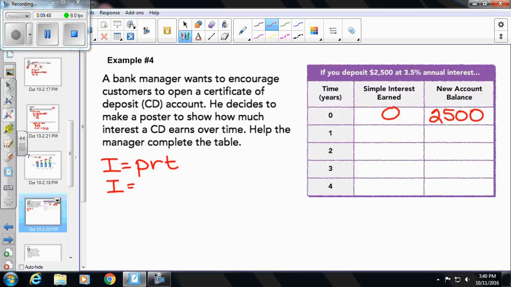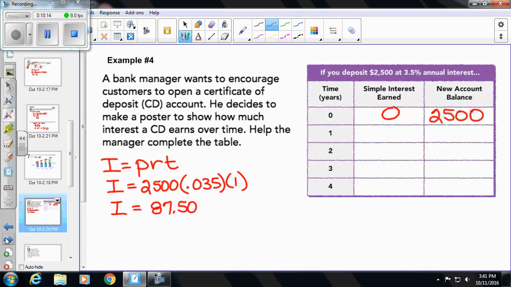So now let's calculate our interest for the first year. I'm using my interest equals principal times rate times time. Right, principal is $2,500. My rate is 3.5%, which would be 0.035, times the time of 1 year. My interest after 1 year is $87.50.